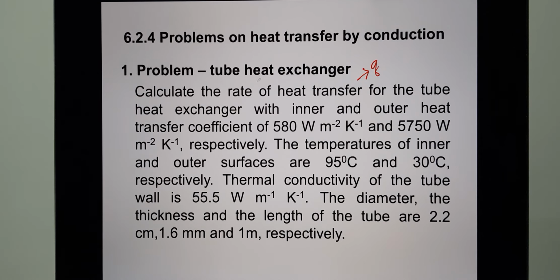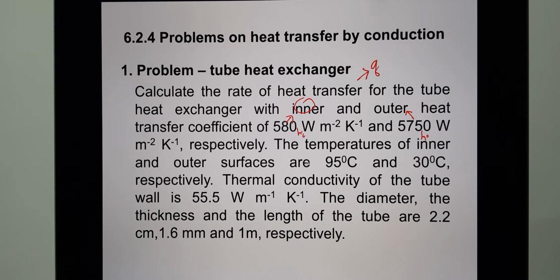When we have the word respectively, 580 is meant for the inner, and 5750 is for the outer. And what is the notation used for the heat transfer coefficient? The inner is Hi, and 5750 is Ho.